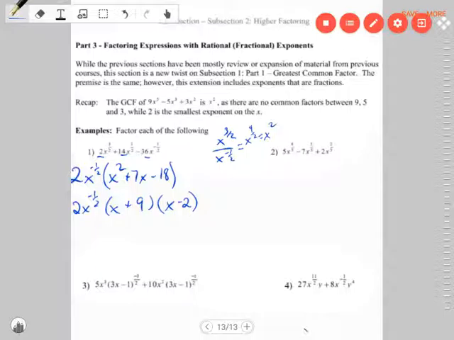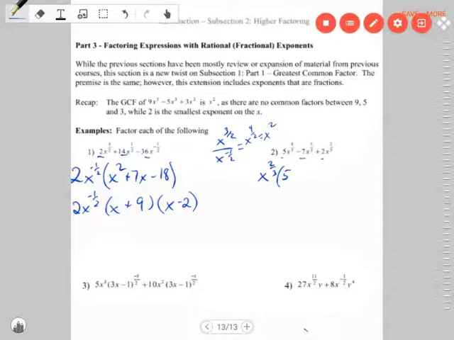So if we have a look at number 2, there's no coefficient that we can factor out of the 5, the 7, and the 2. There's nothing we can factor there. The lowest exponent is 2/3, so we can factor out that. So you get 5. Then we're subtracting 2/3.